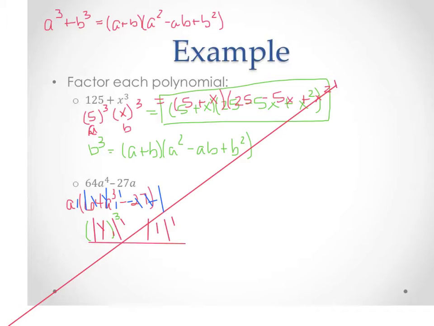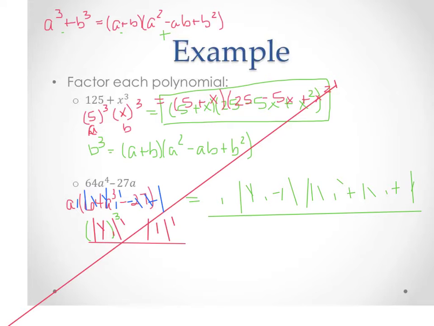So this then is a difference of cubes, and the change is that the minus sign goes to the binomial, and the plus sign goes in the trinomial. The a has to stay on the outside because we pulled out that greatest common factor. A minus b then is 4a minus 3. A squared is 16a squared, plus a times b is 12a, plus b squared is 9. And then that whole thing is your answer.